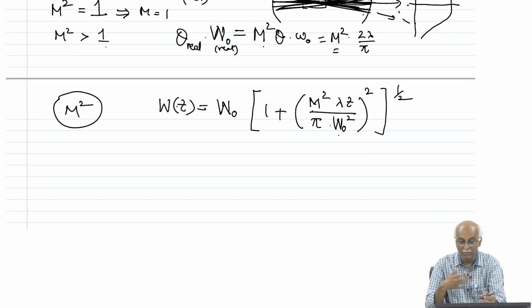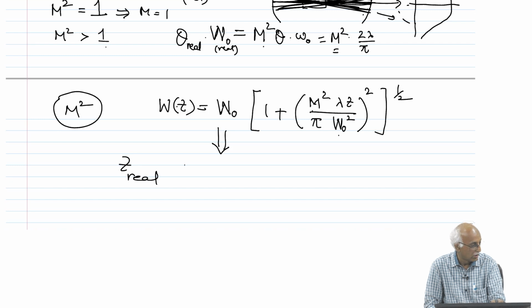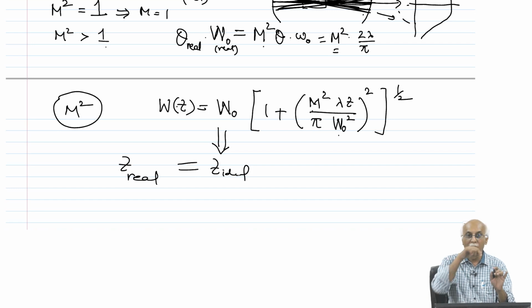When M square is more than 1, this will be the beam with this parameter. If you estimate the confocal parameter, whether it is the real or ideal case, they are equal. The confocal parameter will not change, because beam size is increasing and divergence is also increasing.